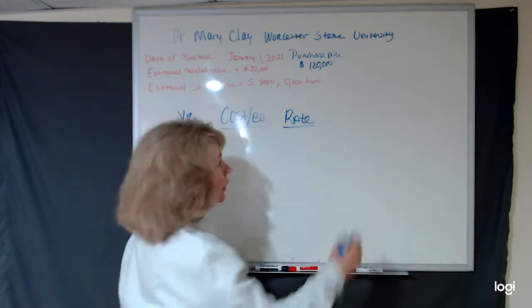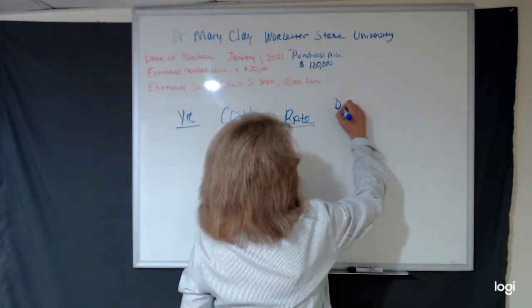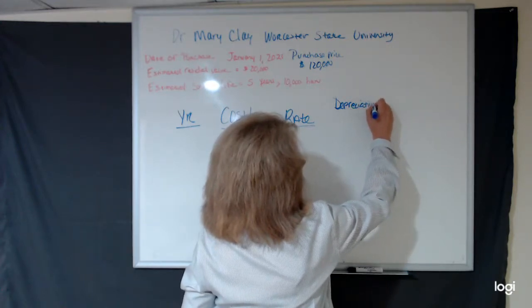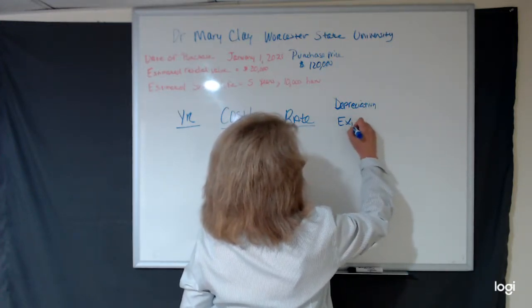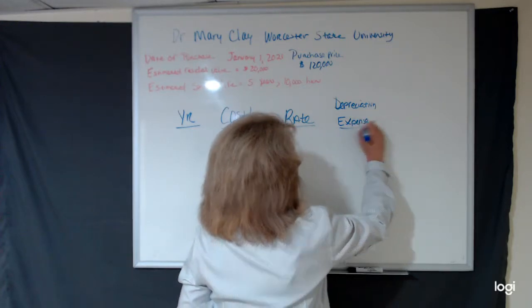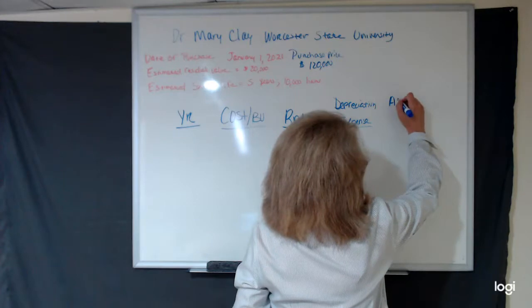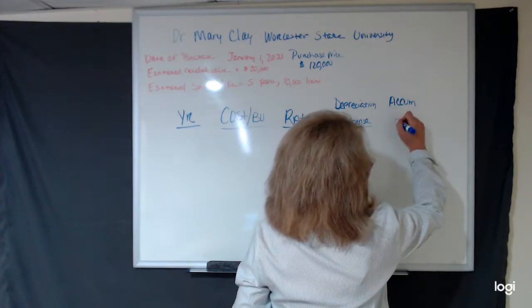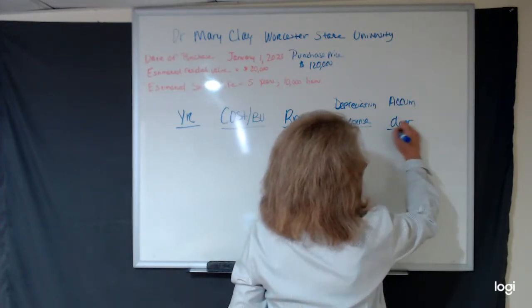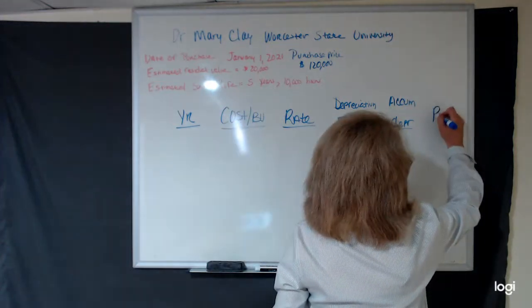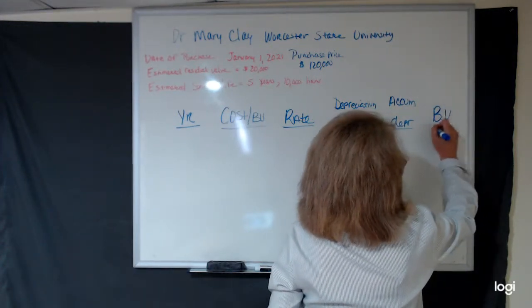Next column is depreciation expense. Next column is accumulated depreciation. And your last column is BV, which stands for book value.